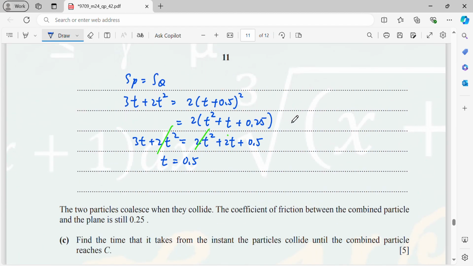Okay, so now I will say time taken, it will be the time from A to B plus the time along B to C. So that means this is going to be 0.5 plus 0.5, that is 1 second.